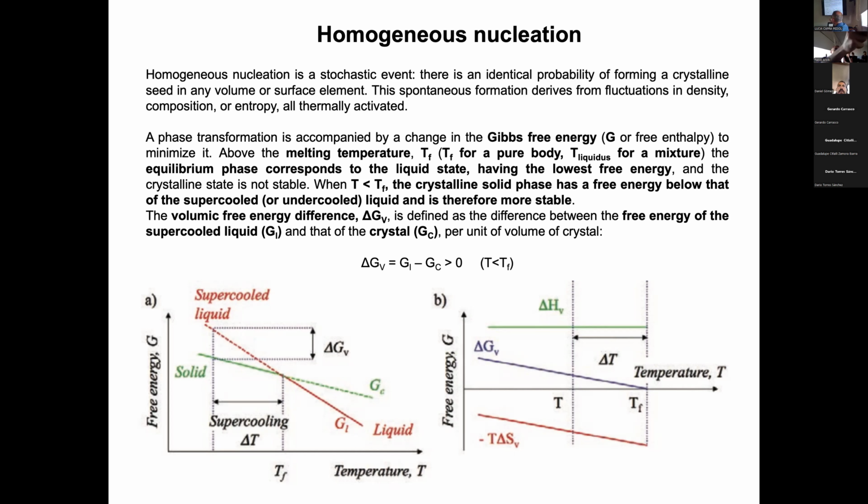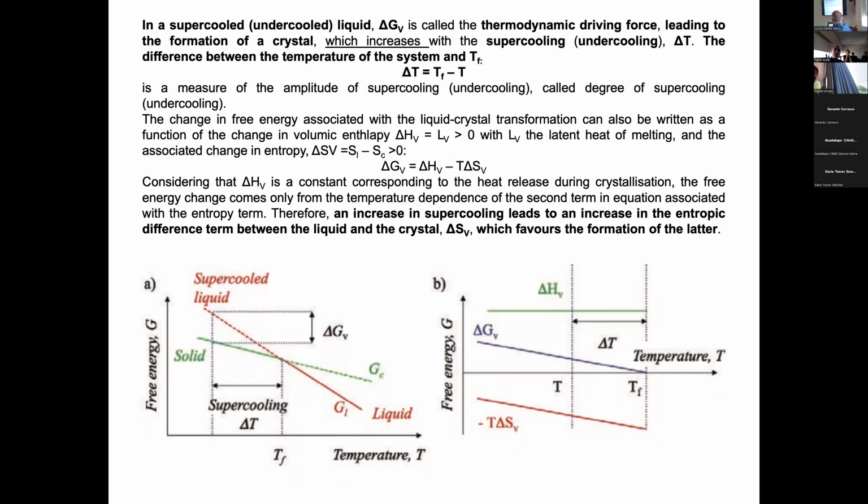So this delta T can be called supercooling or undercooling. When your system is undercooled or supercooled, it means that you are below the liquidus temperature. So therefore, your crystal phase will be activated because of the difference in delta G V. Okay, we had one step.